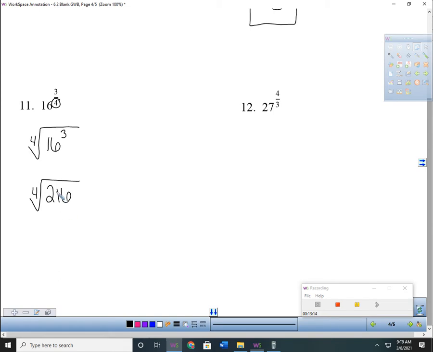So I'm looking for a number times itself 4 times that gives me 4,096. Not 216. That's what happens when you type the wrong number in.